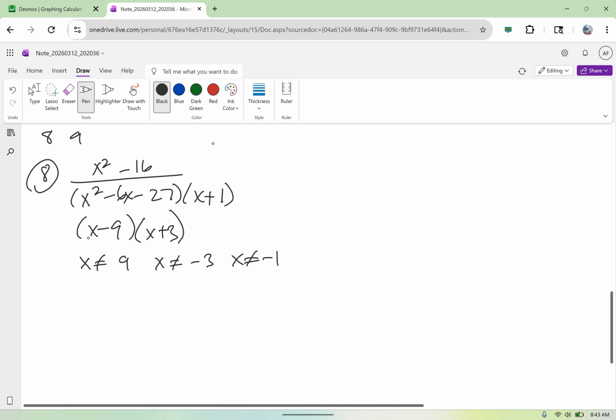Because when x is 9, this becomes 0, and you can't have a 0 in the denominator. If this becomes 0, then that causes the whole denominator to be 0. And you can't have division by 0. So for these values of x, this expression is undefined. The answer is H.